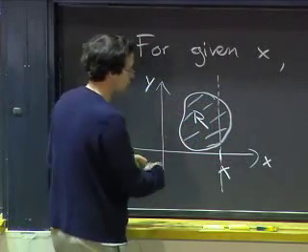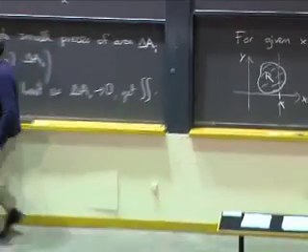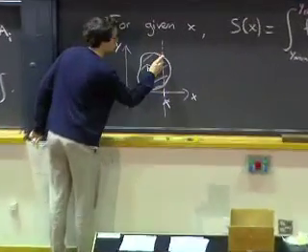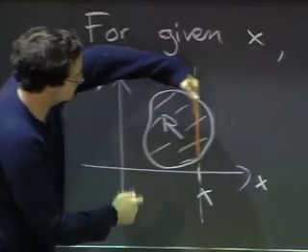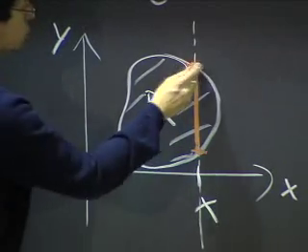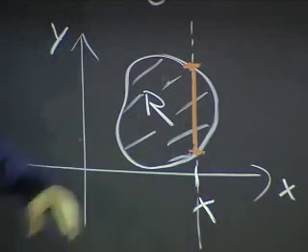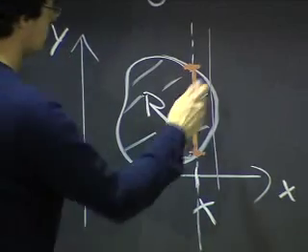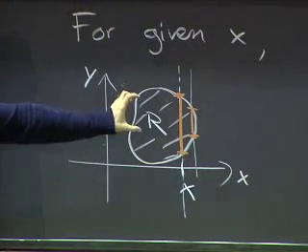Well, to do that, I have to integrate for y going from here to here. I want the area of a piece that sits above this red segment. And so in particular, the extreme values for y depend on x. Because if I slice here instead, my bounds for y will be smaller.